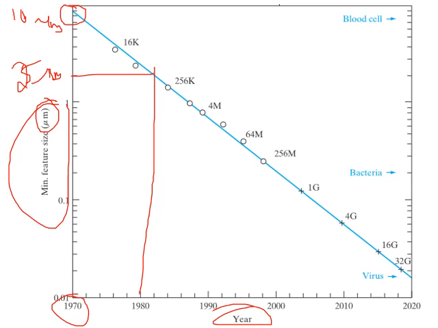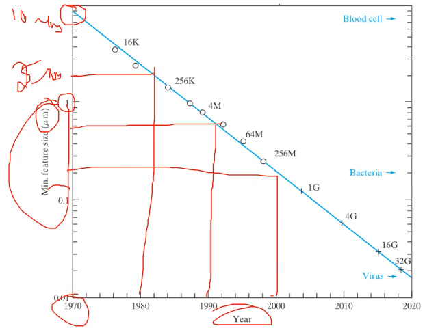Then in the 1990s, it came to less than 1 micrometer, right? Here we have 1. So less than 1 micrometer was the size of the transistor in 1990. Again, technology has advanced. In 2000, we had near 0.1 micrometers.